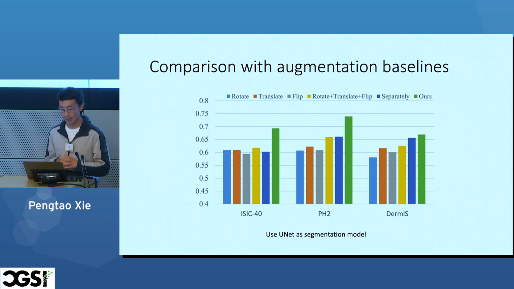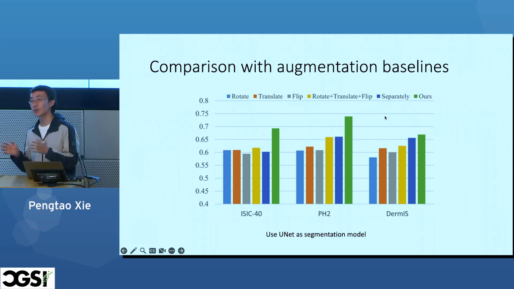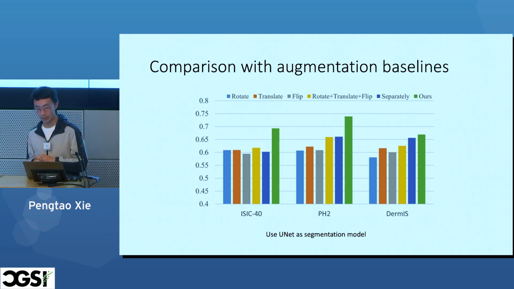We also compared with other augmentation baselines, including rotation, translation, flip, and their combination. This green bar is our method, and it outperforms these baselines significantly. In our framework, we do all the 3 stages end-to-end by using multi-level optimization. You may wonder whether this end-to-end learning is indeed helpful. To check that, we break the 3 stages into 3 separate stages and do them step by step separately.